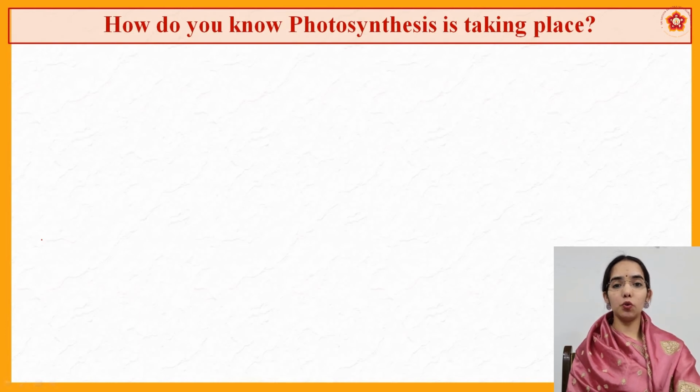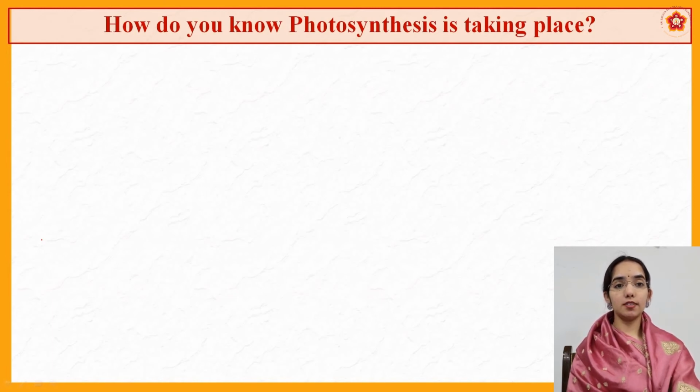Now, how do we know that photosynthesis is taking place? We have studied that glucose is stored in the form of starch, right? So if starch is present in a leaf, what does that mean? That means glucose was once formed. And if glucose was once formed, that means the process of photosynthesis occurred.